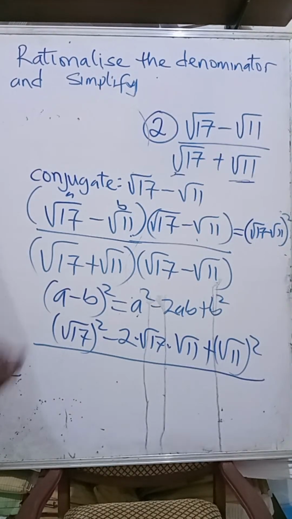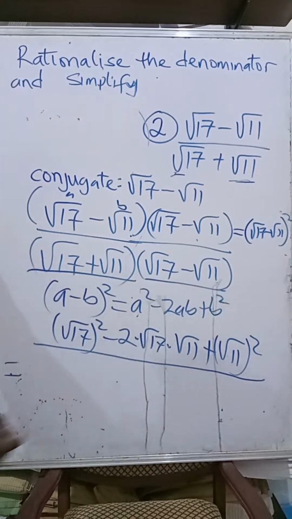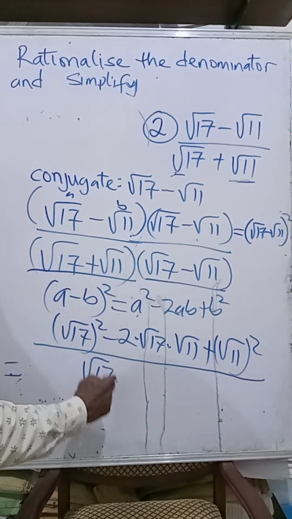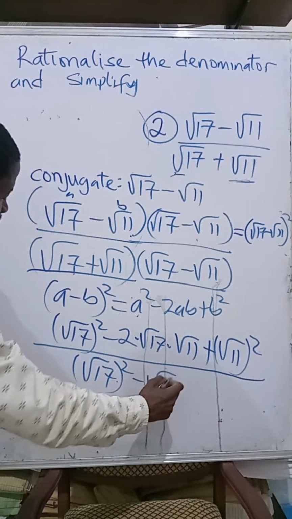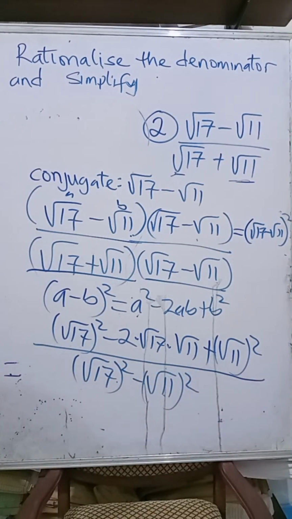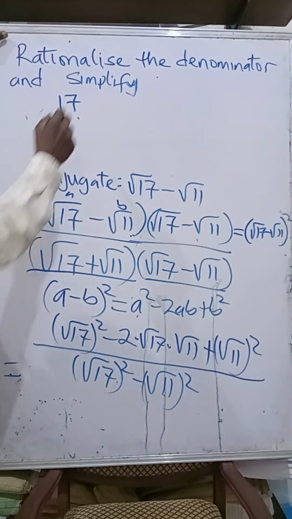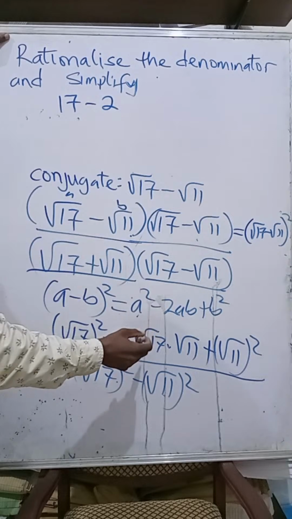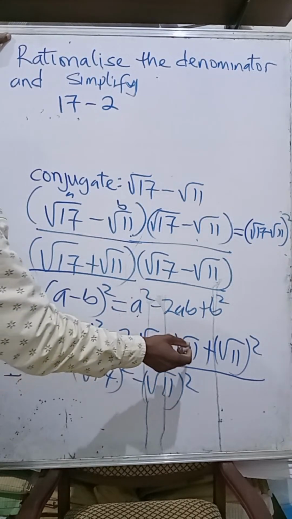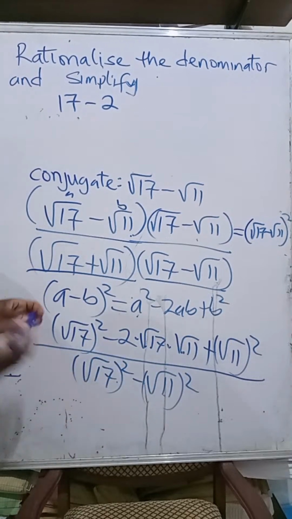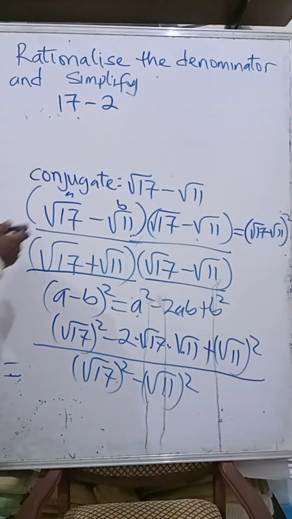The denominator is a difference of two squares, and that will be equal to root 17 squared minus root 11 squared. Minus 2 root 17 times 11, calculator, 17 times 11, that will give us root 187.